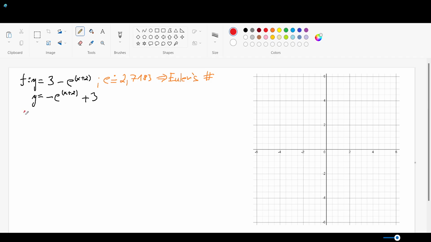So let's start with the function f1, which is of course our parent function, which in this case is defined by the equation e to the power of x.